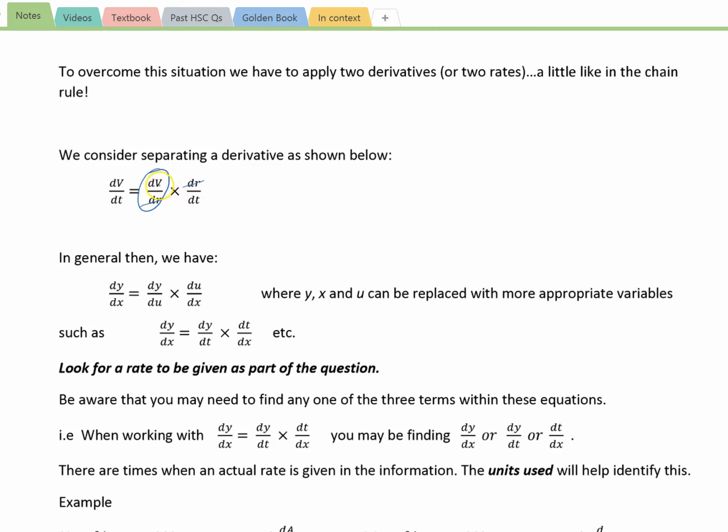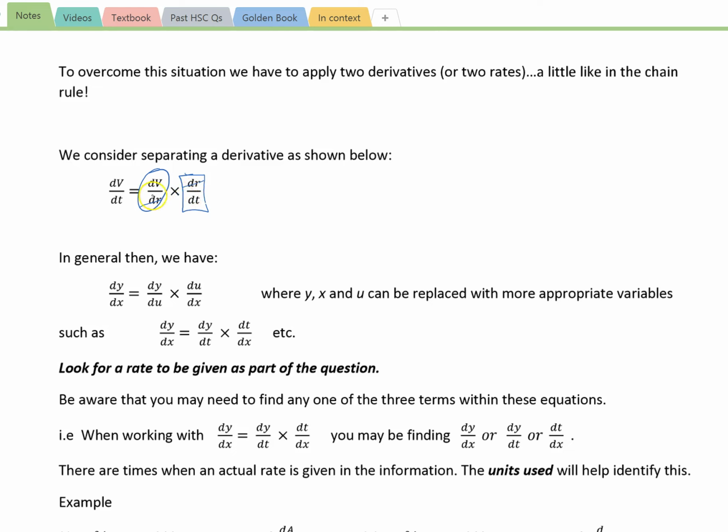We can differentiate volume with respect to the radius of the sphere. And this dr/dt piece of information, the rate at which the radius is changing with respect to time, is either something we can also calculate, but more commonly is given.